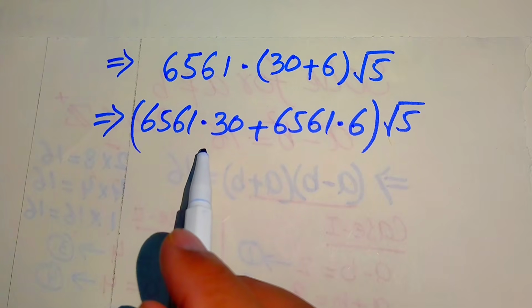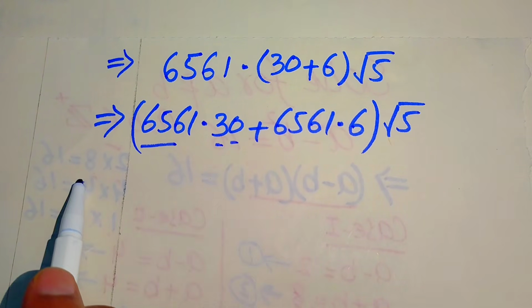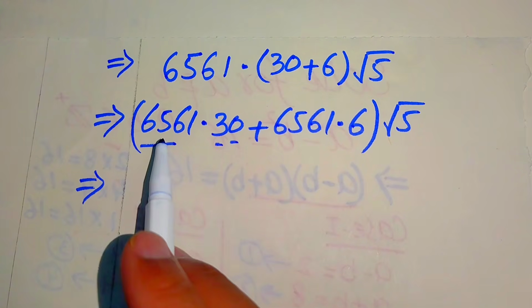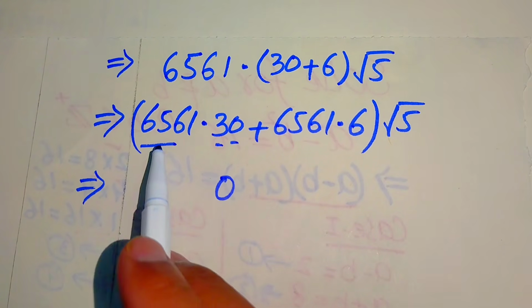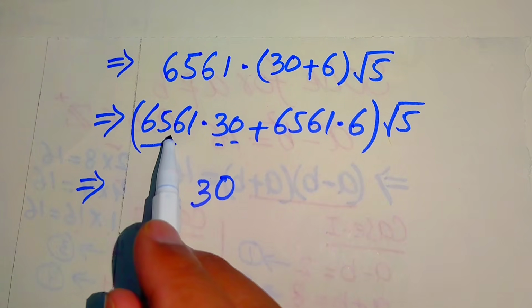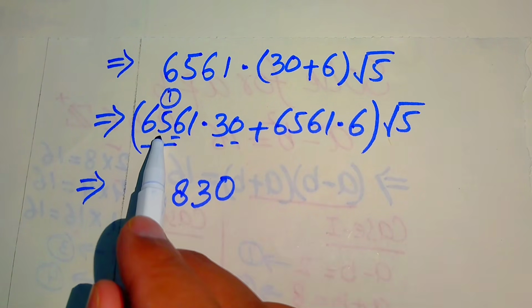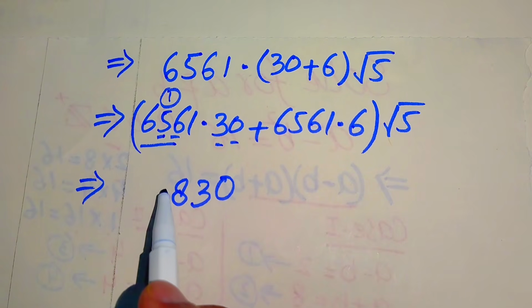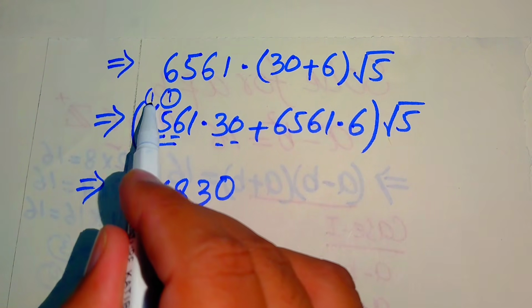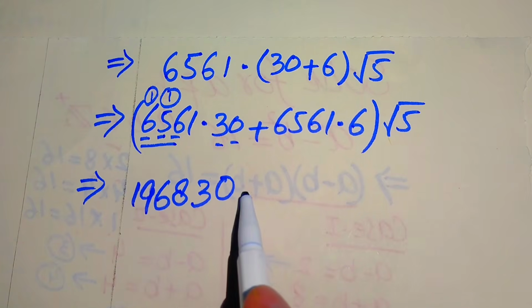So we need to multiply these two bigger numbers, and again we consider this as a one digit number and this as our two digit number. 0 times this number becomes 0, 3 times this number equals 3 ones are 3, 3 6s are 18, we write 8 and carry 1, 3 5s are 15, 15 plus 1 becomes 16, we write 6 and carry 1, 3 6s are 18, 18 plus 1 becomes 19.